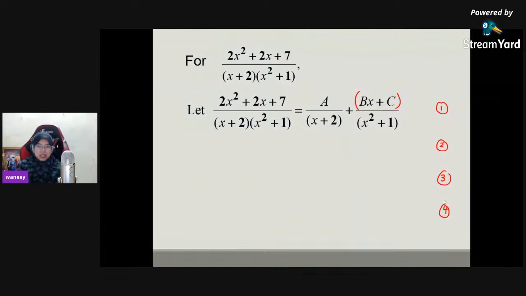Cuba ya semua orang. Pastikan cuba. Because in polynomial, we have to try them on our own. I can give you the answer, but the skill to deal with the algebra, oh, payahnya nak terang malam-malam ni.